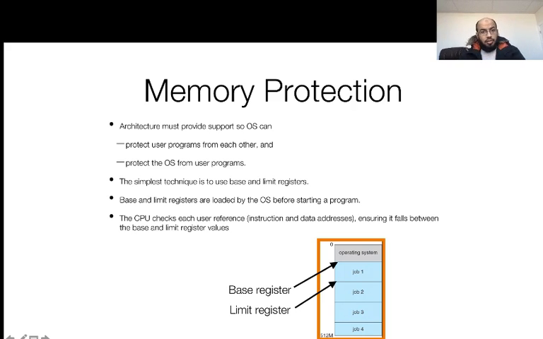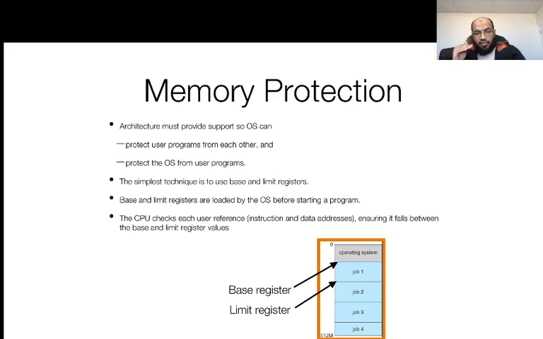So the simplest way that hardware and operating systems support such memory protection is using the base and bound, or base and limit registers, where you basically limit an application by a base register.